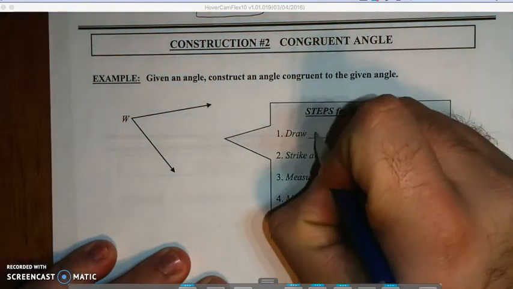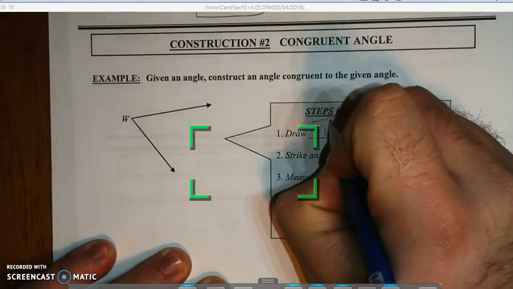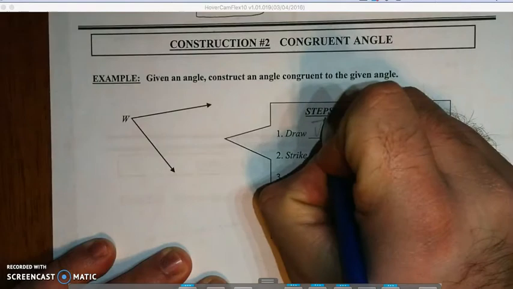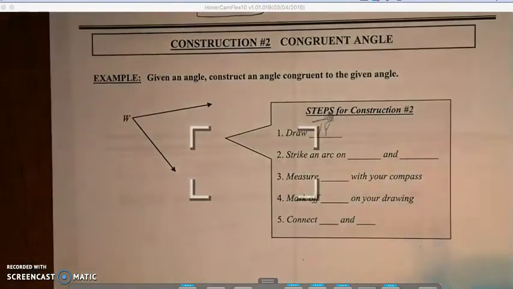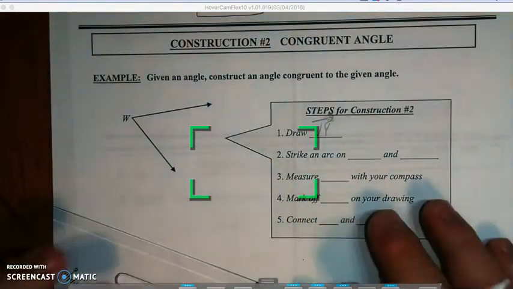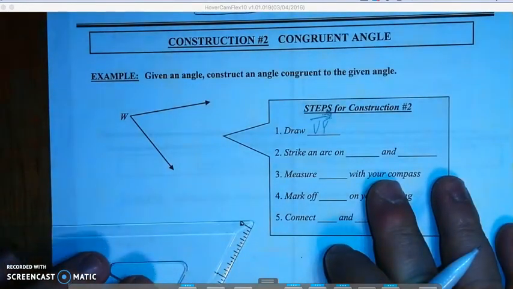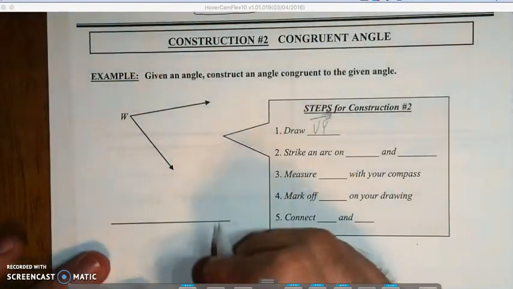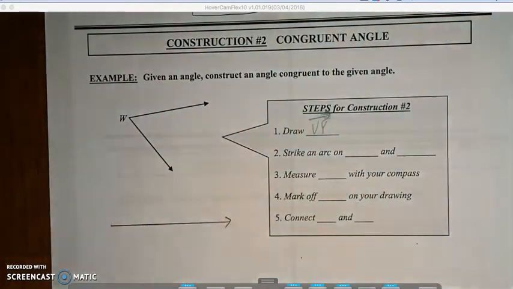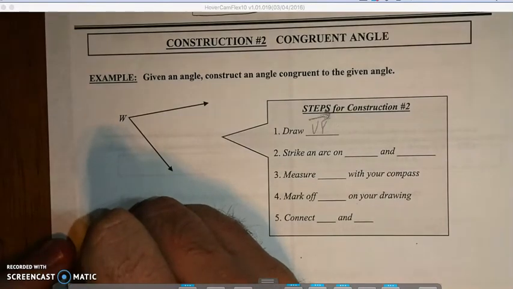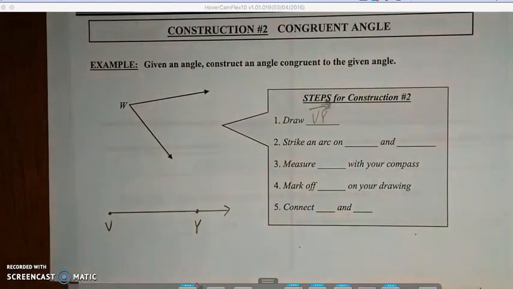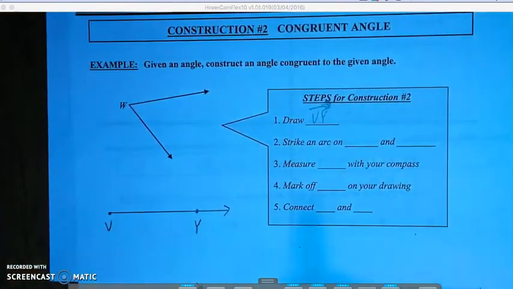So we construct ray VY using our straight edge. This is the first part of our angle. It's no certain length, I just made it longer than the one side of our angle given.